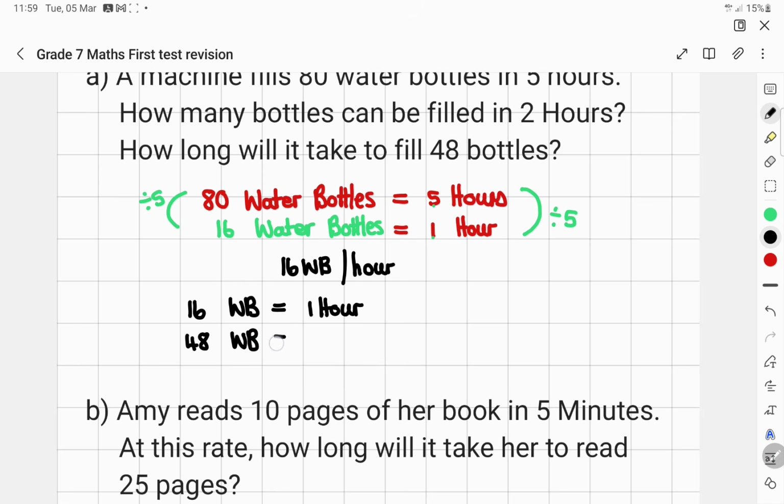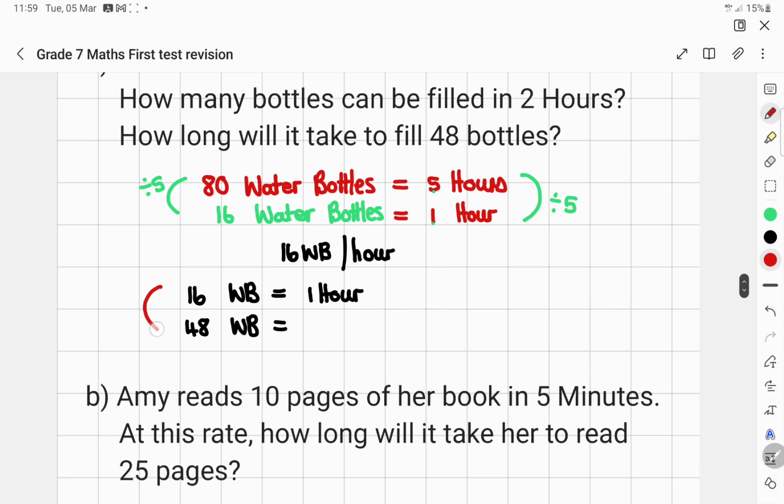Do you see I write the water bottles under each other and I write the hours under each other. So I say to myself, how did I get from 16 to 48? So basically saying 48 divided by 16. So I timesed by 3. Okay, so 16 times 3 gives me 48. And now I just need to apply it to the other side. I also times by 3, so it will take me 3 hours.